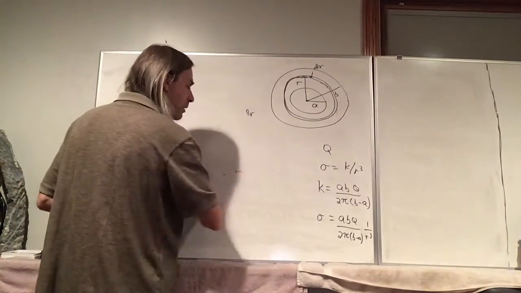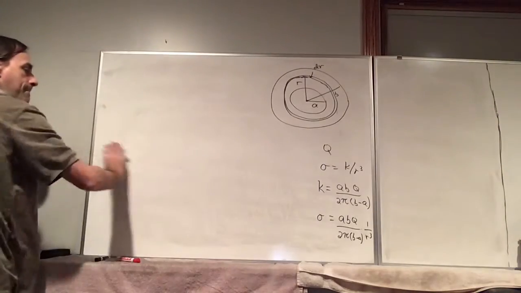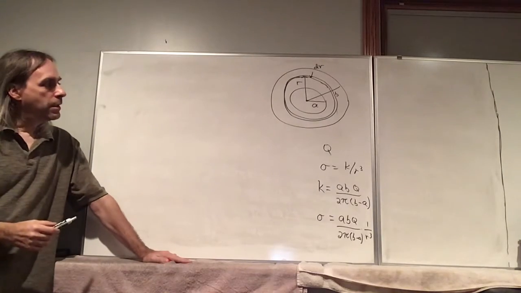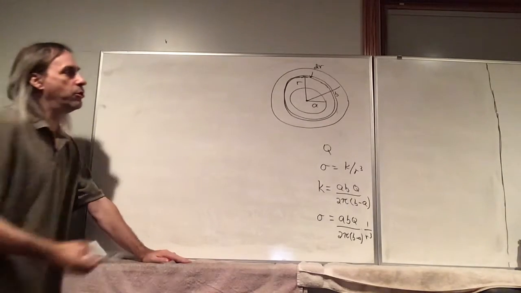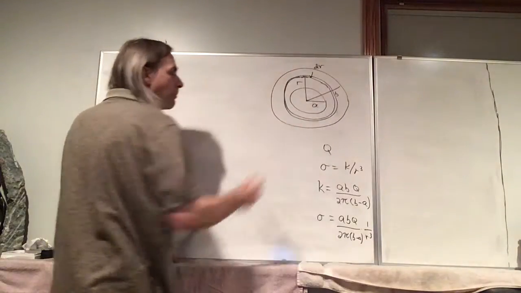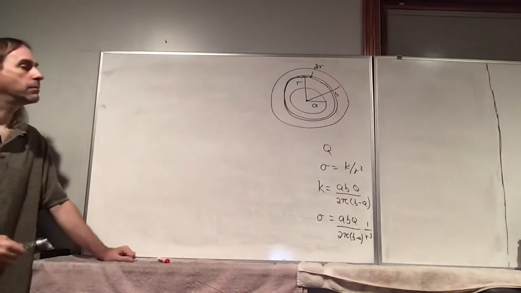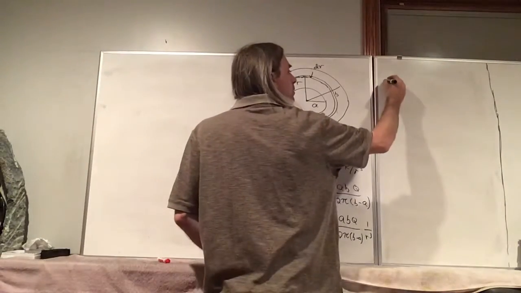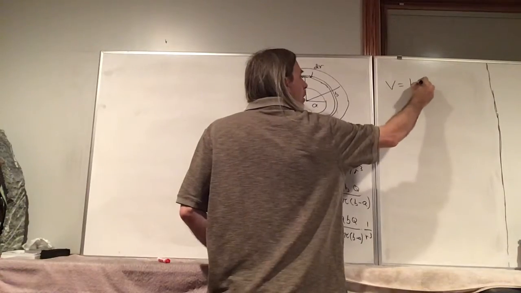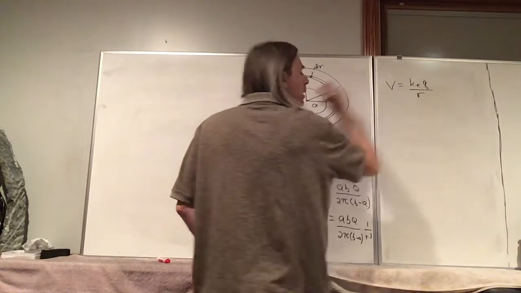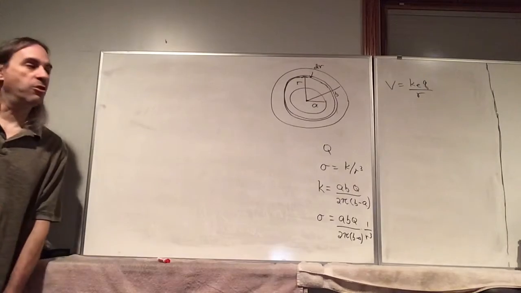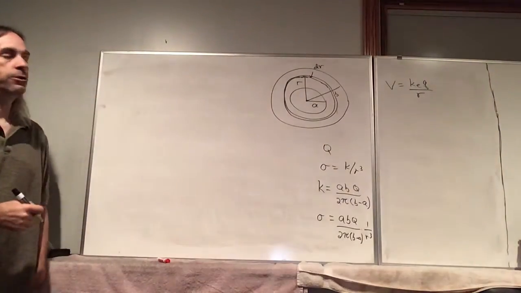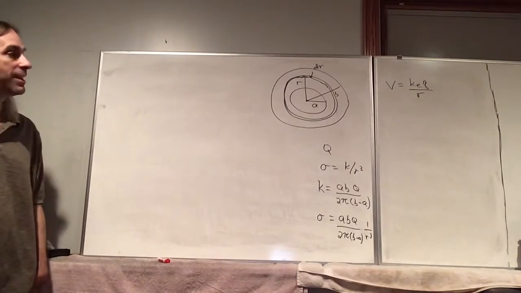So let's clear this. Okay. So again, let's find the potential due to this little ring at radius r. For a point particle, the potential is just k e q over r, where r is the distance from that point to where you're evaluating the potential.